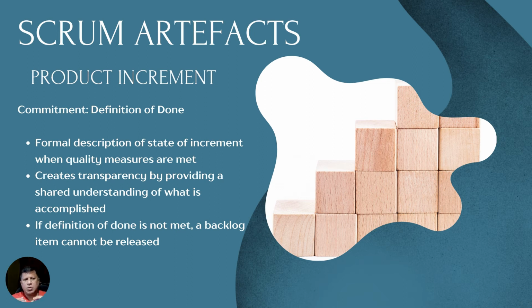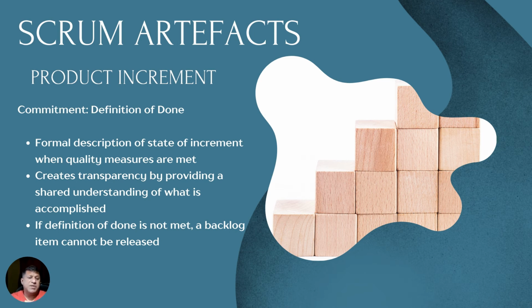Definition of done also creates the required transparency on the shared understanding of what actually is delivered by the team, right? Are you delivering exactly what you committed to, and is your definition of a feature being completed the same as what the customer wants or understands?